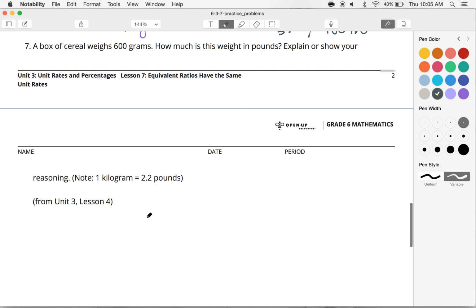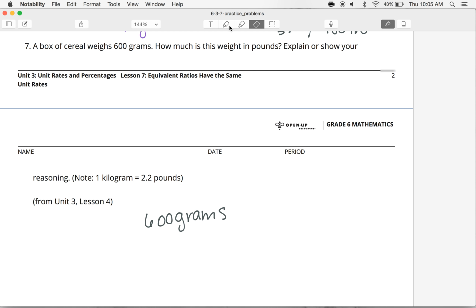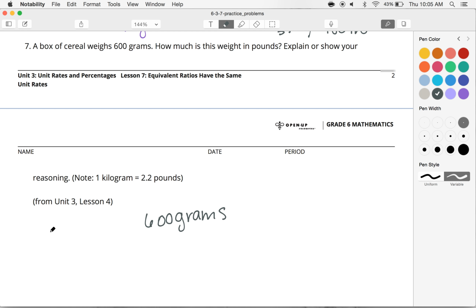Okay, my last one, a cereal box is 600 grams. How much does this weigh in pounds? Well, I need to first understand how many kilograms this is. So let's think about it like this. If I have 600 grams, I want to get to kilograms. And I know 1,000 grams is 1 kilogram.